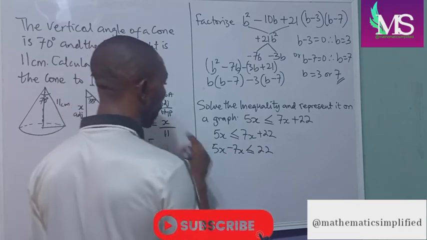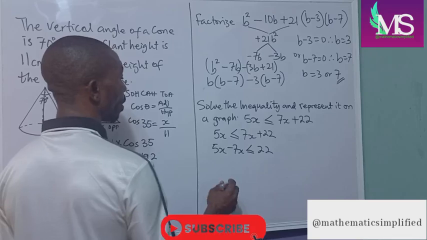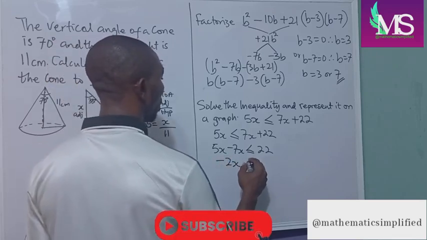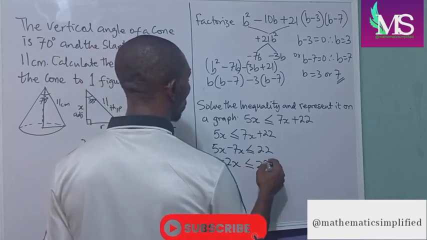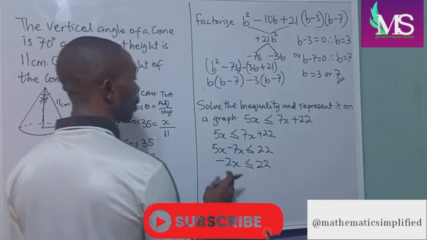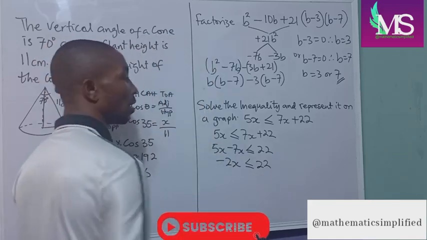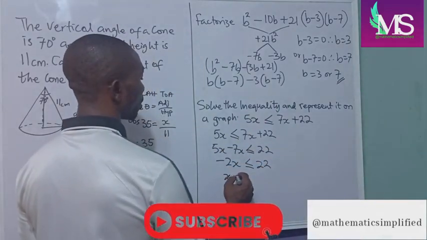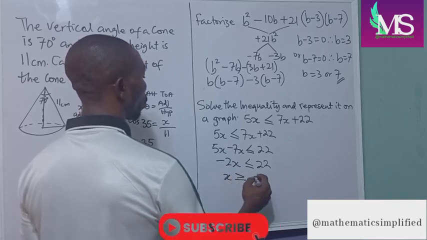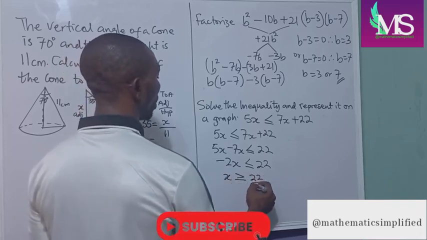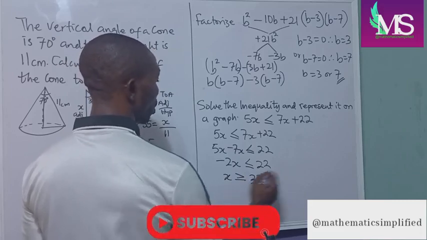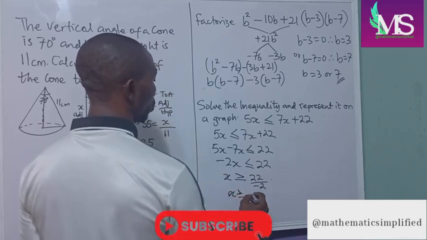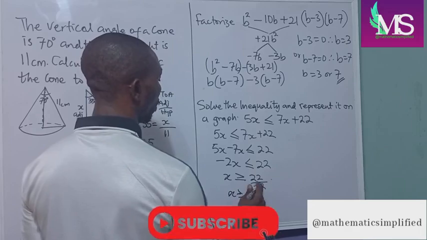Now, this will become minus 2x is less than or equal to 22. So now, because we are dividing by a negative, our sign will change. So this becomes x is greater than or equal to 22 over minus 2, which is x is greater than or equal to minus 11.